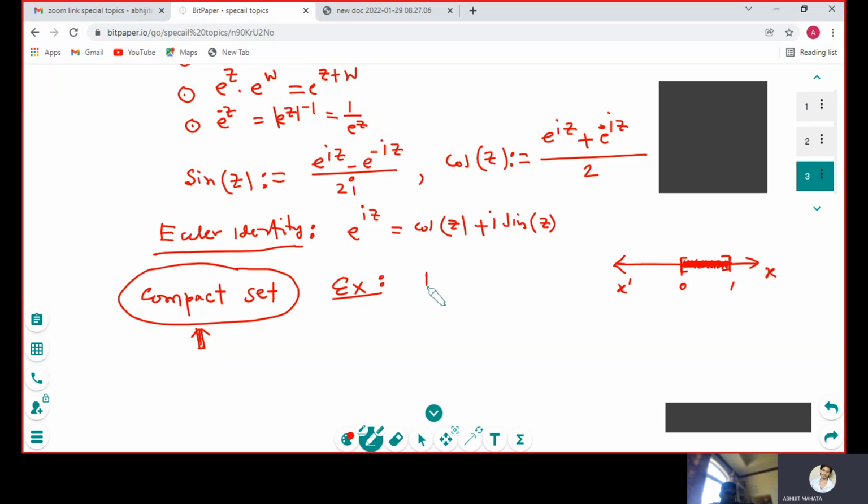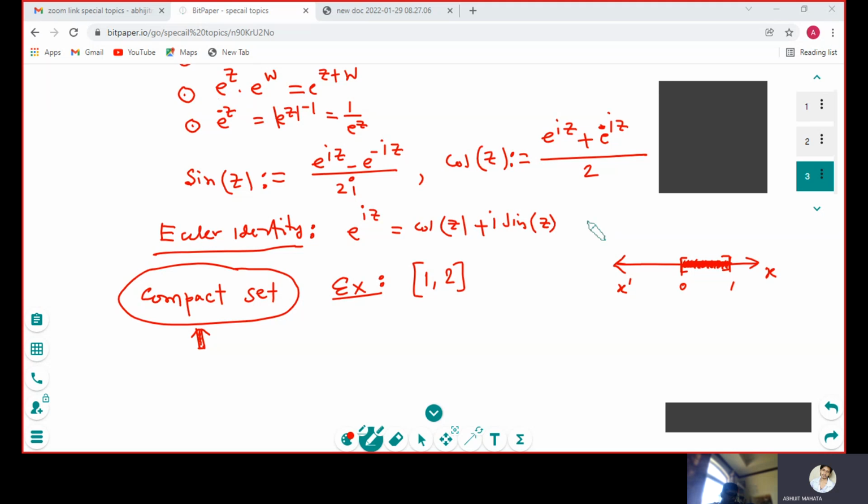You can take the interval 1, 2, all the numbers from 1 to 2. It is a compact set. In this situation I cannot give you the definition of compact set, because we need some concepts I have to define first, and I'm not moving in that direction. I'm just giving you examples.